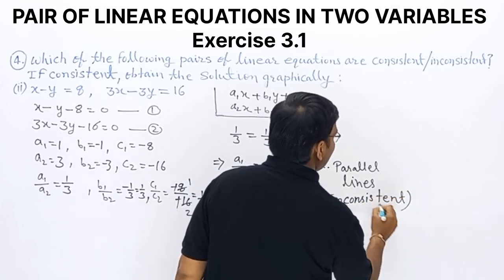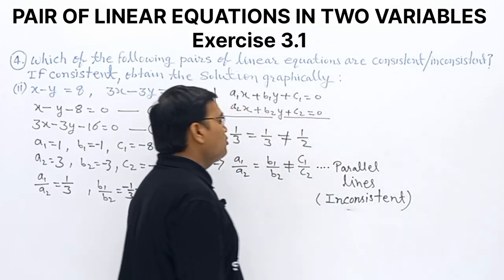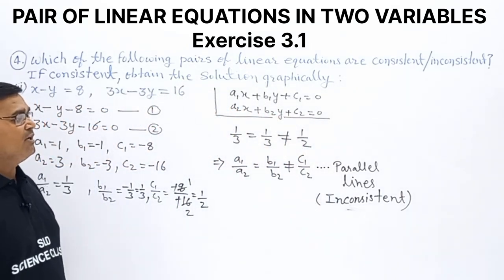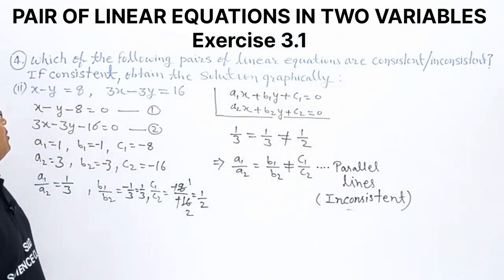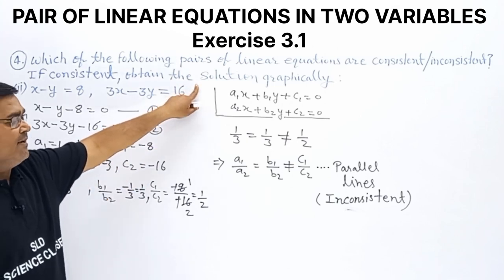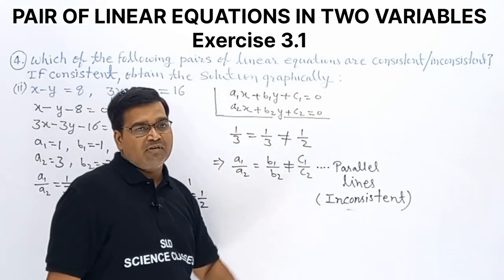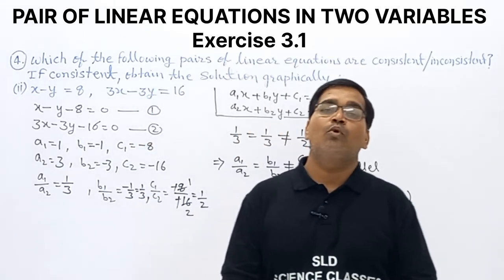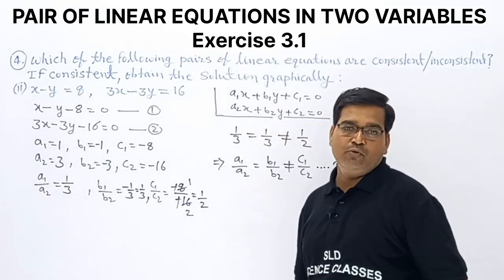So we are getting inconsistent. Once we have an inconsistent system, we cannot find the solution. Clear? So the answer is inconsistent. We will not draw the graph. We cannot find the solution.